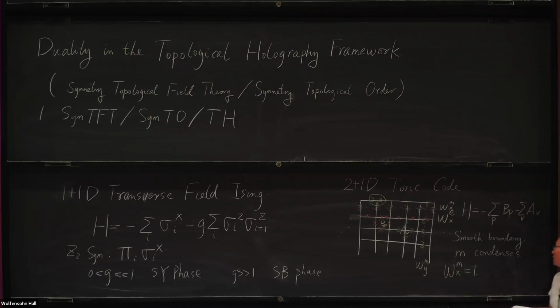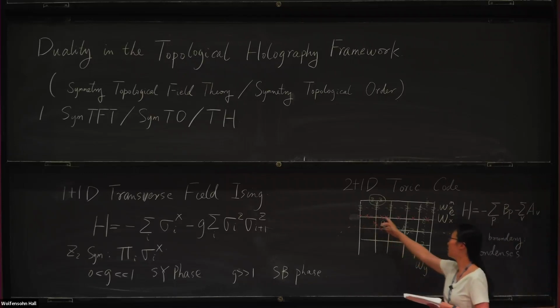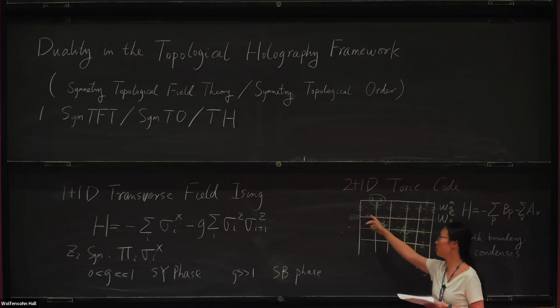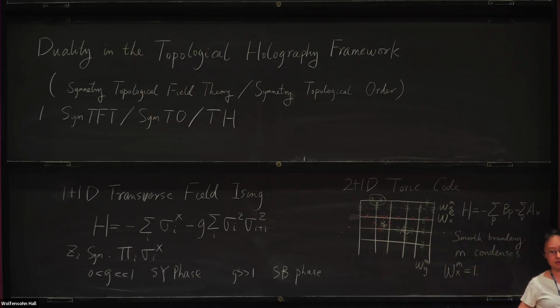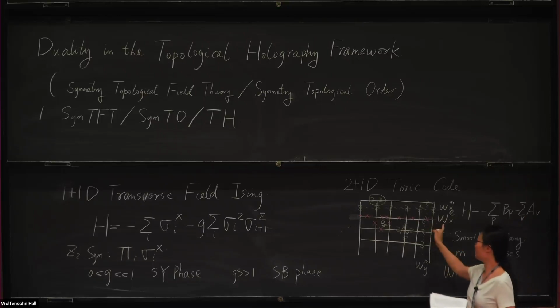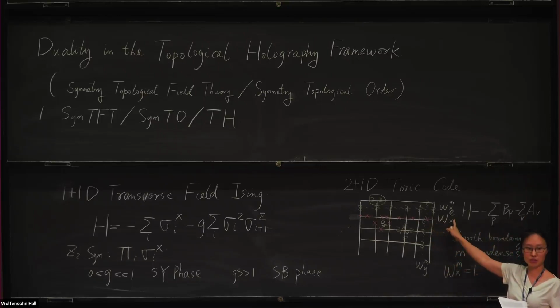Okay. On the other hand, if we look at the X string running through the bulk, this string is not fixed by the top boundary. It's not part of the so-called stabilizer group. Right. Even by specifying all the bulk and top boundary terms, I have no information about what this WXE should be.